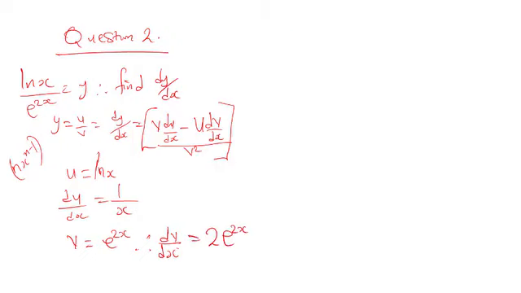So from this, let's go back to our master equation. Remember, this is our master equation. So let's go back and say dy/dx is equal to, let's start taking down the parameters. Our v was what? e raised to power 2x.